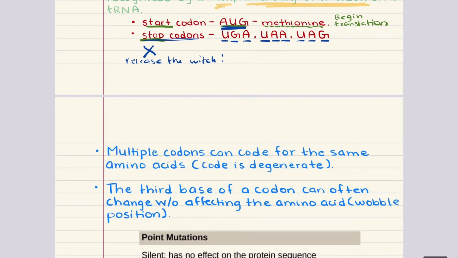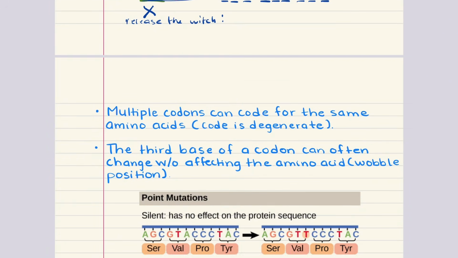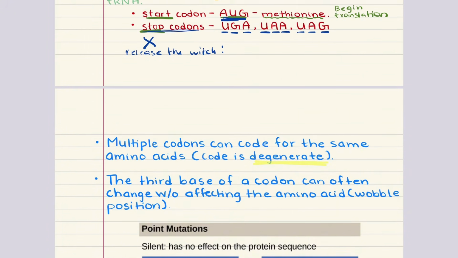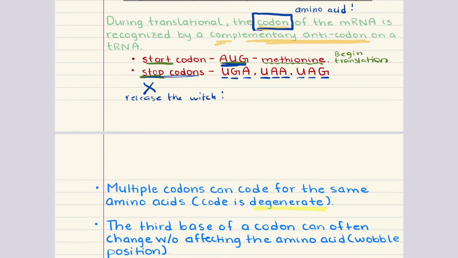Now, there are a few more important features of the genetic code that we need to cover. Let's start with the idea that the genetic code is degenerate. This means that more than one codon can specify the same amino acid. For example, there are 6 different codons that all code for the amino acid leucine. And this redundancy provides a built-in buffer against mutation.